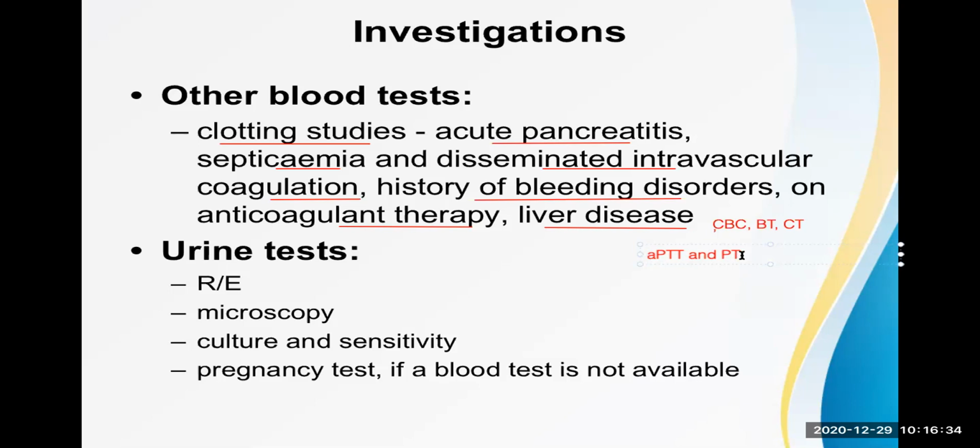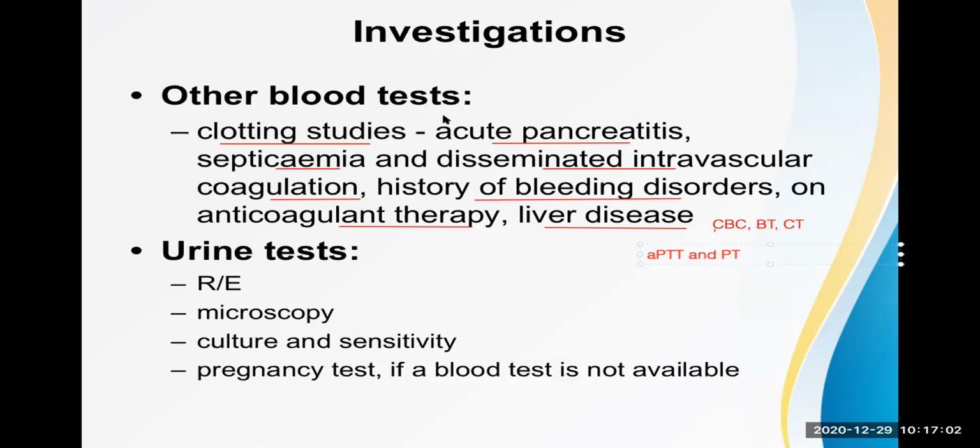After these are abnormal, then only you go for factor analysis. There is always a pattern you need to follow. Never order factor 8 or factor 1 in the beginning. This is not the way. You should always have a plan in your mind of what you are going to do. This is known as clotting disorder study. So these are the different indications.